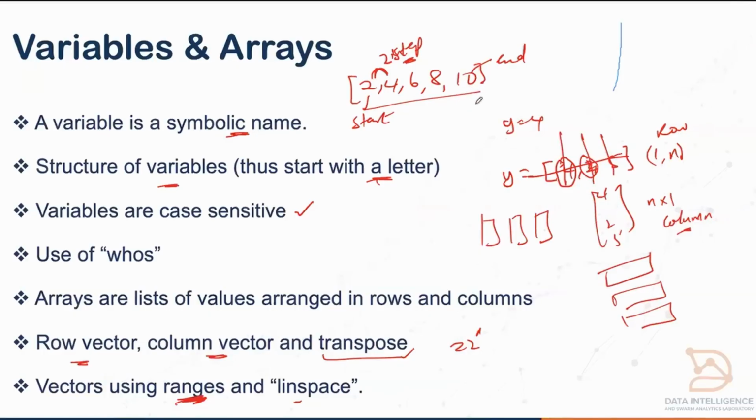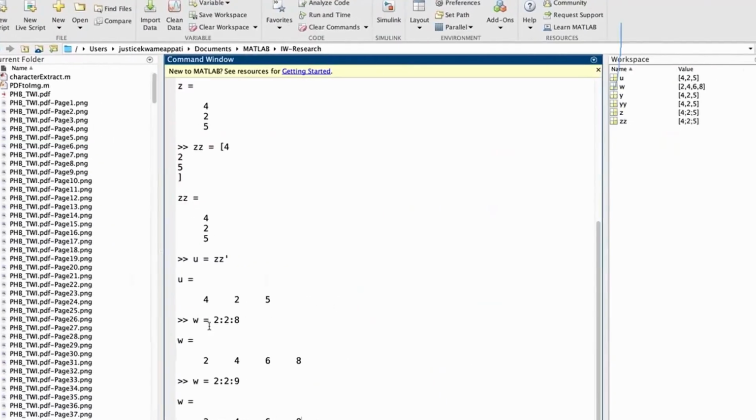For that reason, we use the range operator, which is 2 colon 2 colon 8. My starting is 2, my steps are 2, my last value is 8. So 2 plus 2 is 4, plus 2 is 6, plus 2 is 8.